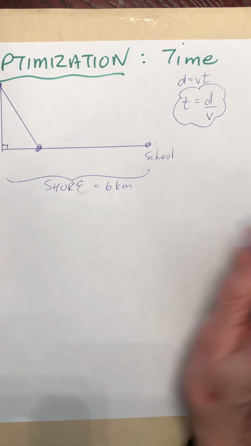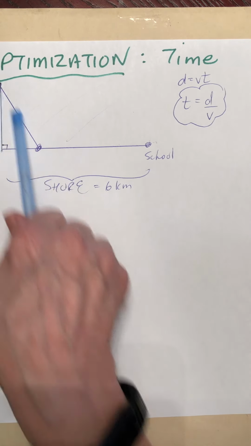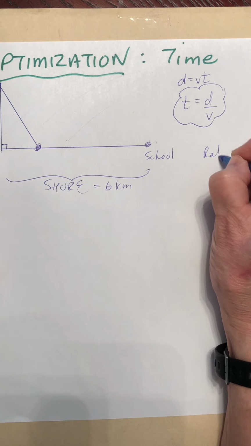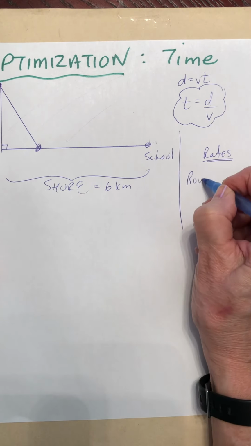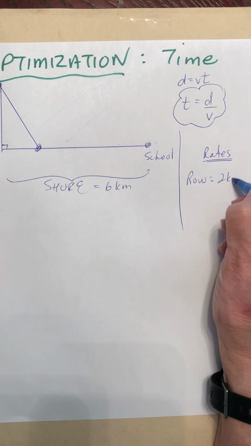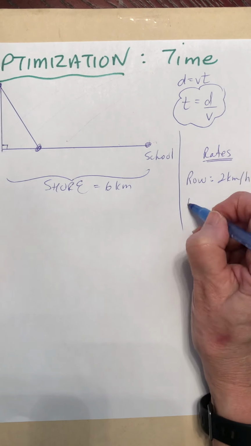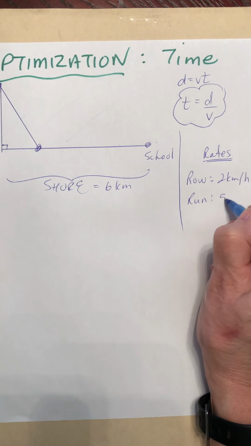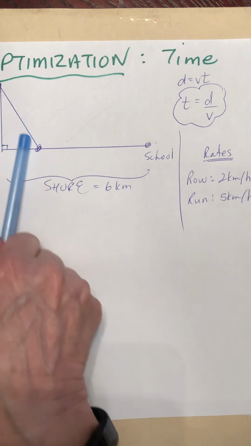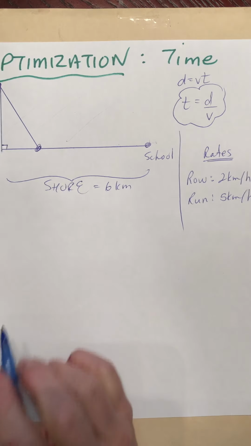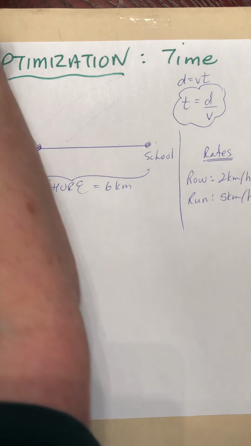And we need some information about how fast you can row. So here are your rates. Let's say you can row at 2 kilometers per hour. And let's say you can run at 5 kilometers per hour. Okay, so this is different from here. So where is this going to end up?